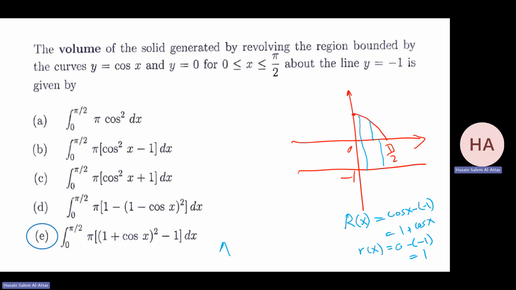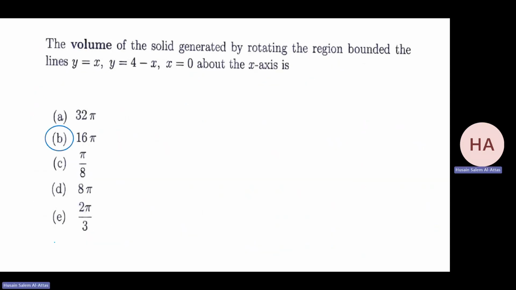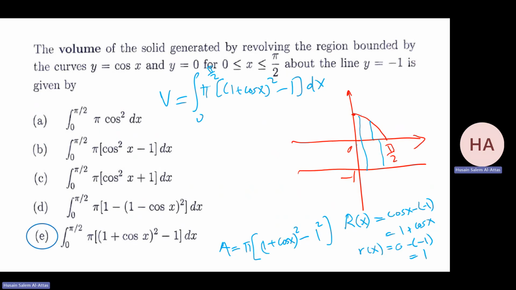What is my area? It will be pi r squared, which is pi times 1 plus cosine x all squared minus 1 squared. So what is my volume? The volume is the x values from 0 to pi over 2, pi times this minus 1 dx, which is this one.